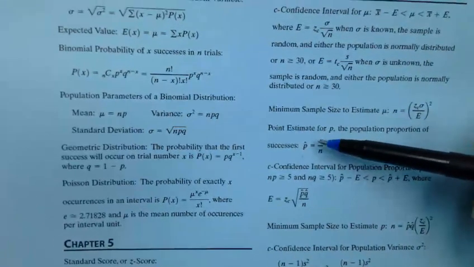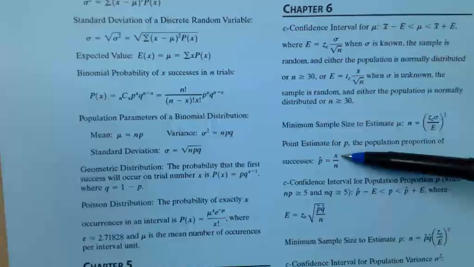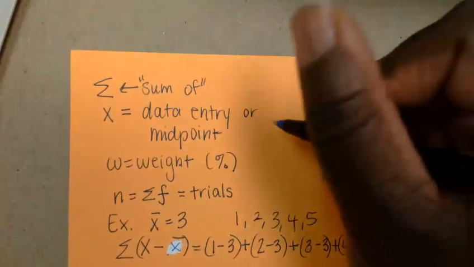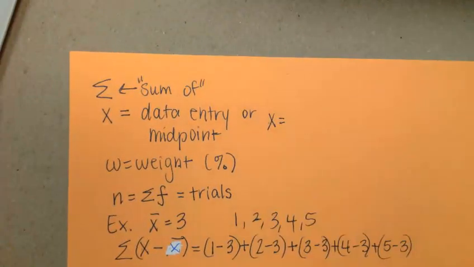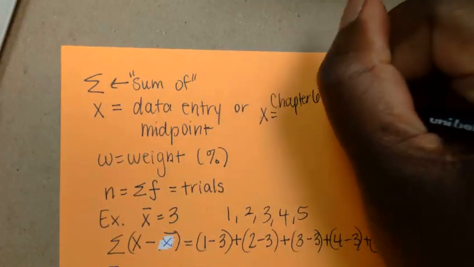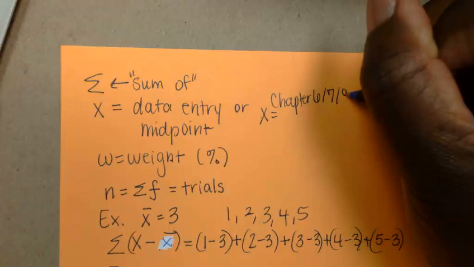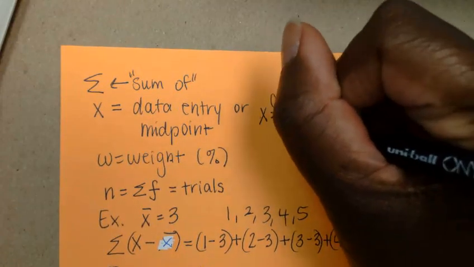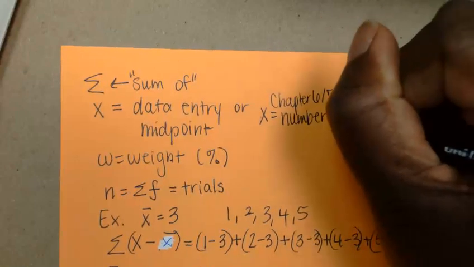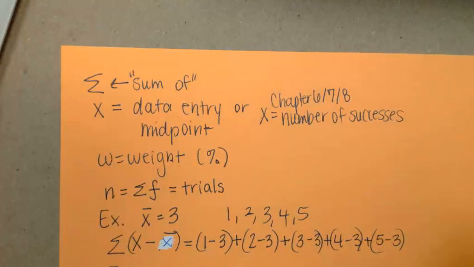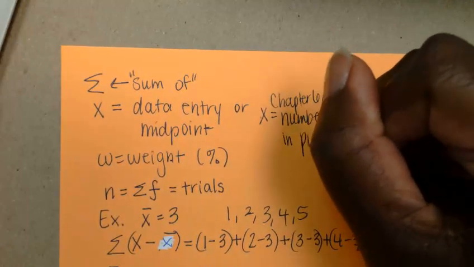This X, talk about X in chapter 6. This X represents the number of successes. I'll put a note up here. X for chapter 6, 7, 8: the number of successes in proportions.